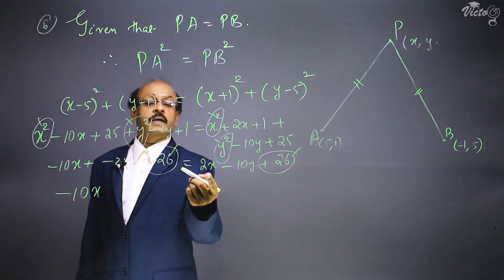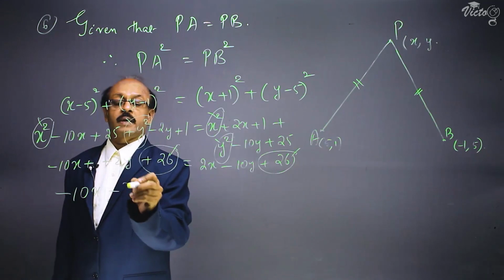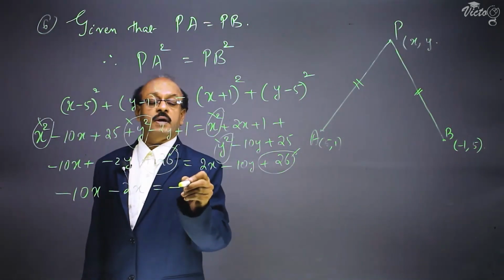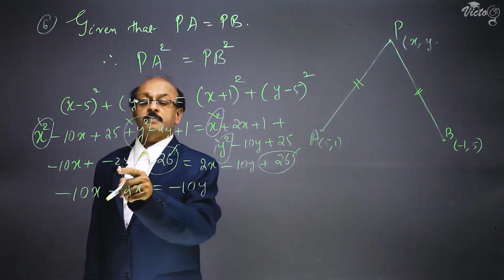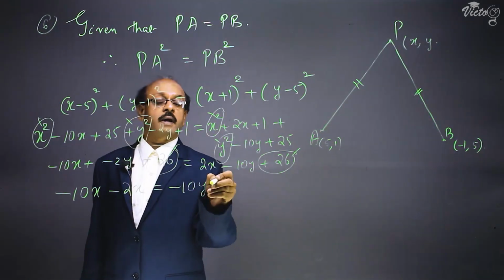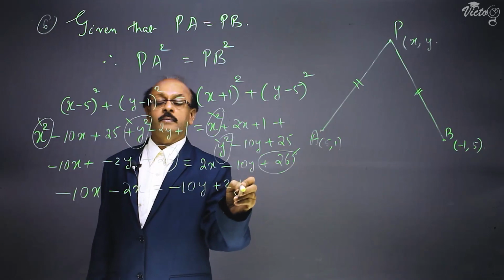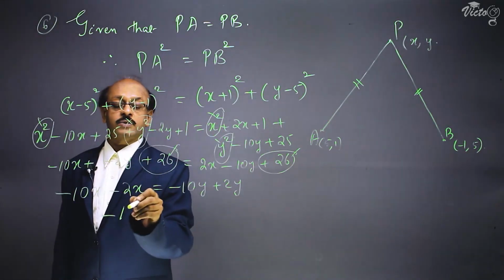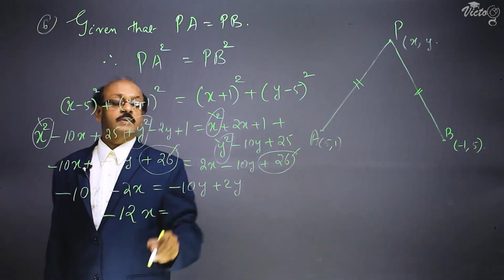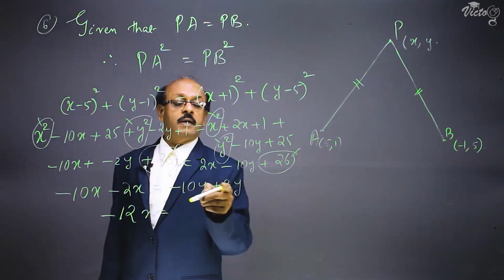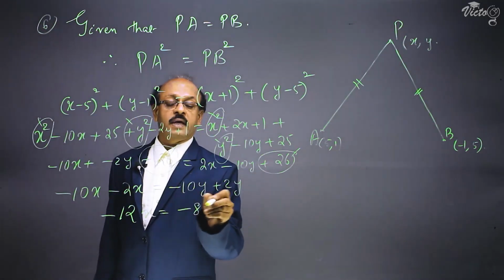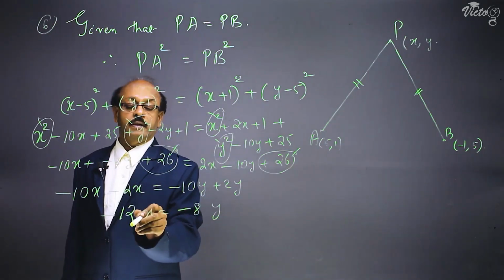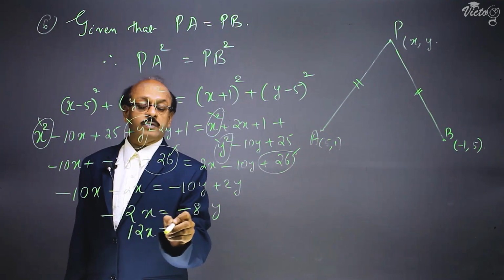Now taking 2x to the left side, it is minus 2x, and taking minus 10y to the left side it is plus 10y... Taking minus 2y to the right side, it is plus 2y. Minus 10x minus 2x is equal to minus 12x, which is equal to minus 10 plus 2, minus 8y. Minus minus cancelled, then 12x is equal to 8y.